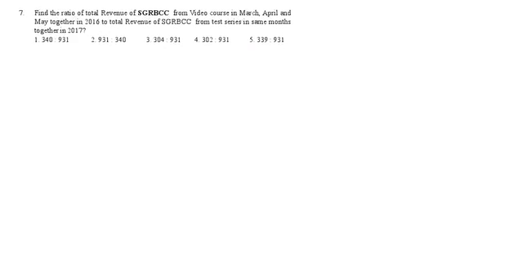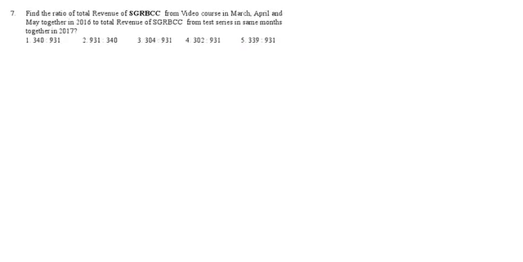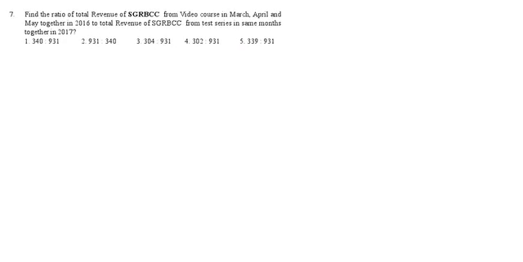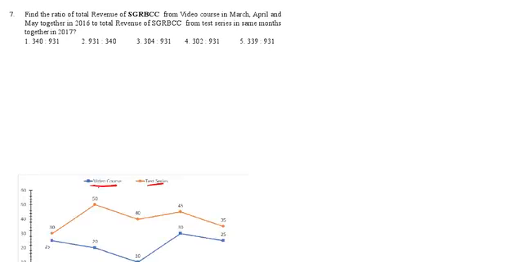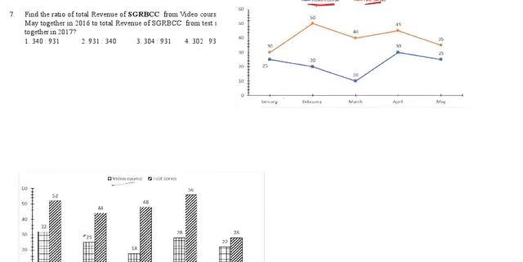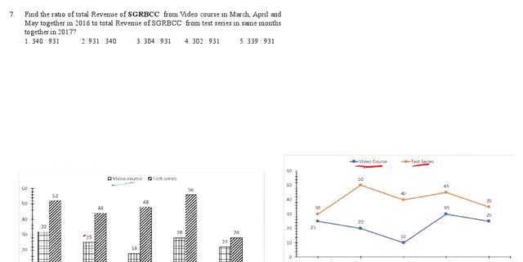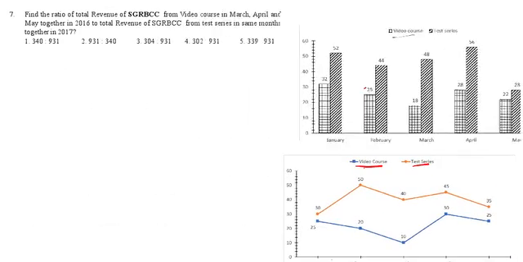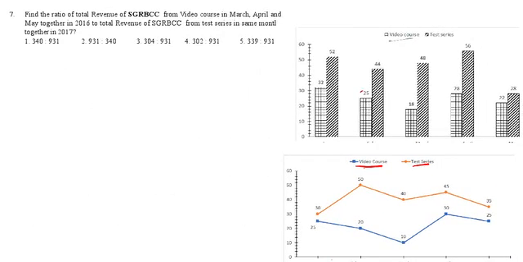Find the ratio of total revenue of SGR-BCC from March, April, May in 2016 to the total revenue from test series in 2017. Now you need to take these two bar diagrams into consideration.